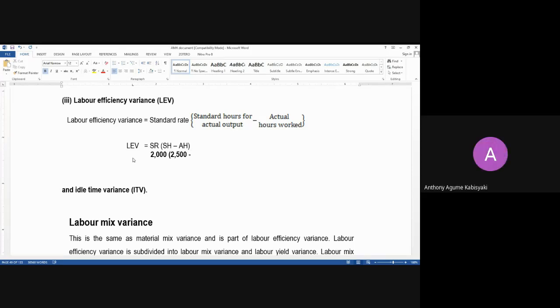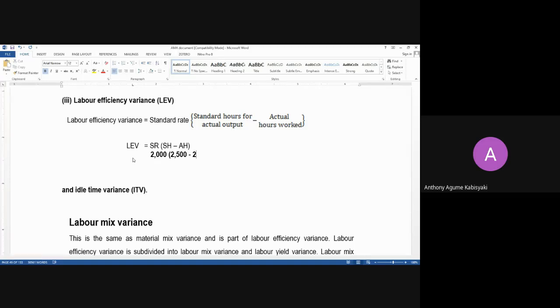Now, for the actual hours worked, since we are looking at efficiency, we must remove the idle time. With the 2,100, there was idle time, and with idle time neither you nor the organization is benefiting.